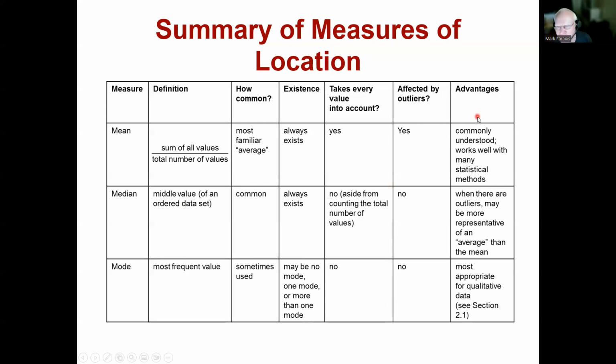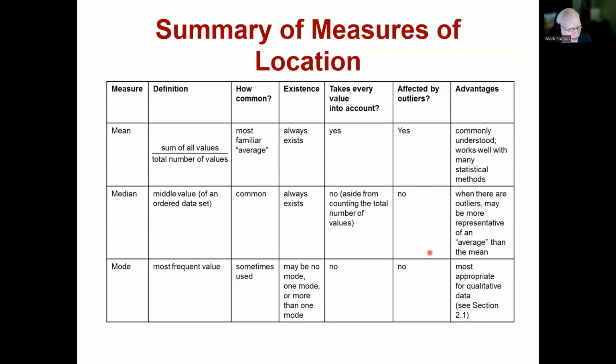And then advantages, commonly understood, works well with many statistical methods for the mean. When there may be outliers, the median is really good, and it sometimes can represent what we think of as the average better than the mean under certain circumstances. And then advantage to the mode, most appropriate for qualitative data.